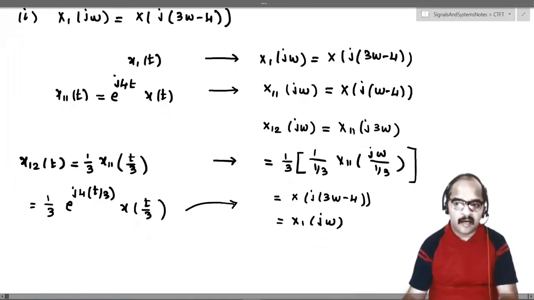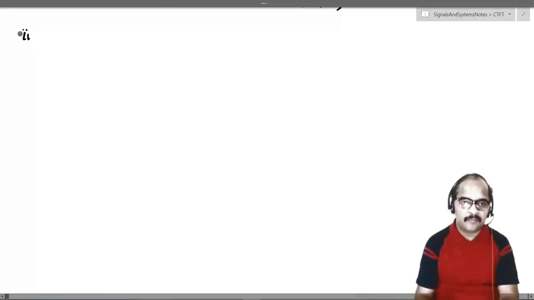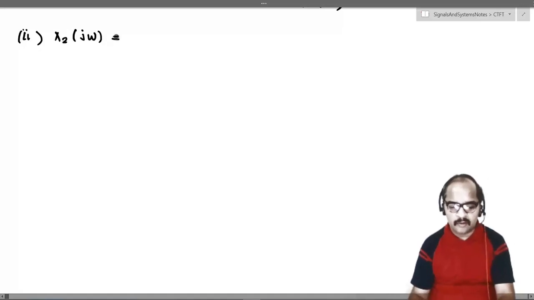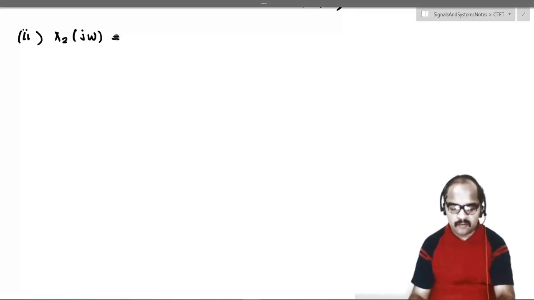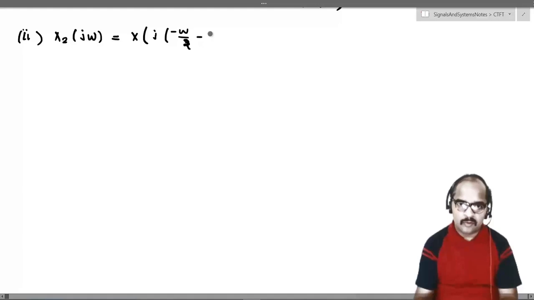Again, just for understanding, we'll take one more example. Second one, let us take x2 of j omega to be equal to x of j times minus omega by 2 minus 3.